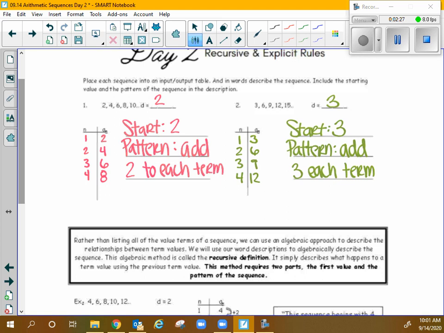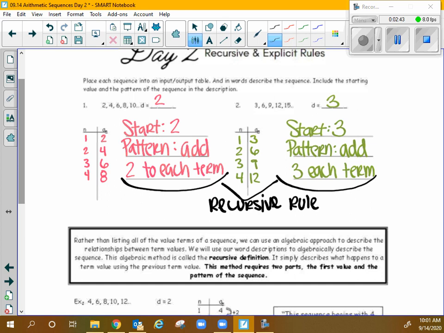Okay, so essentially, this description that we just made here is what our recursive rule is going to tell us. What is our recursive rule?